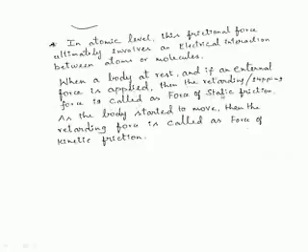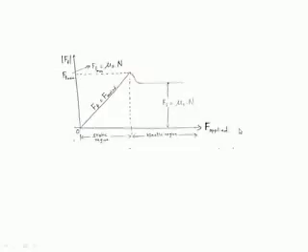If an external force is applied, the retarding force is called the force of static friction if the body is at rest. If the body has started to move, the retarding force is called the force of kinetic friction. If we draw a graph between the applied force and the friction force, upon applying the force the friction force will also develop, but beyond a certain point the friction force cannot develop further, so it will reduce.